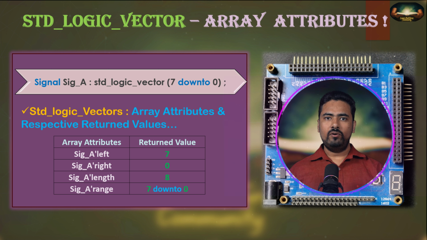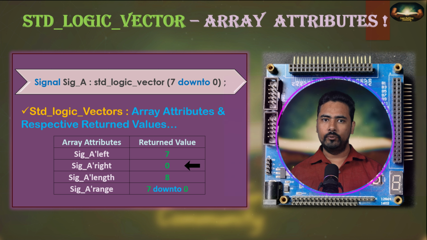Let's take an example of a vector type signal, which is signal sig_A, having 8 bits, and its range is 7 down to 0. In this example, the left attribute tells the MSB of this vector, meaning you will get the value 7. Similarly, the right attribute tells the LSB, least significant bit of this vector, meaning you will get the value 0.